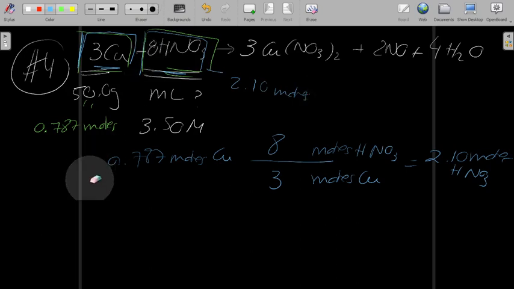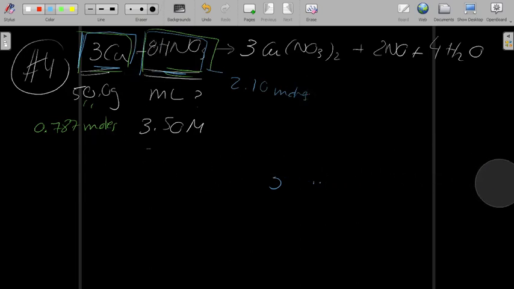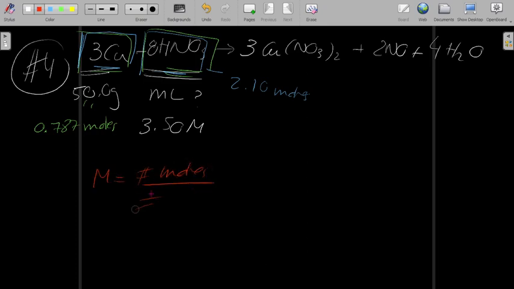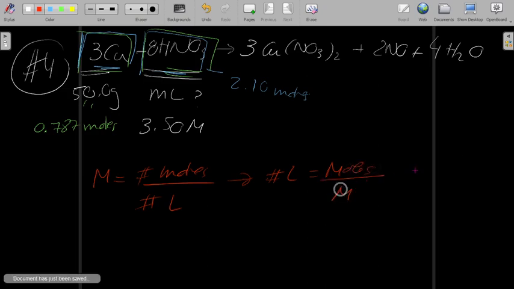Now, the question was, how many milliliters do I need? Remember, the molarity is the number of moles divided by the number of liters. From the liters, I'll be able to find the milliliters. From here, I know that the number of liters equals the moles divided by the molarity.